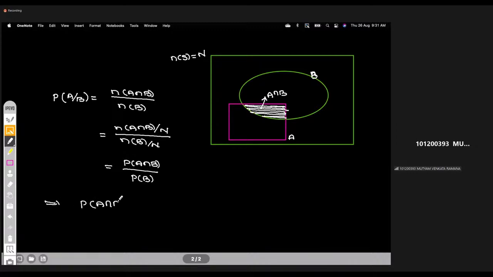Probability of A intersection B is equal to probability of B into probability of A given B. Or you can also write this as probability of A into probability of B given A. This is called the multiplication theorem.